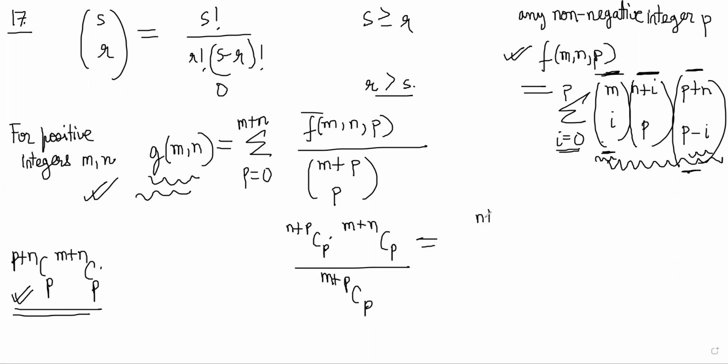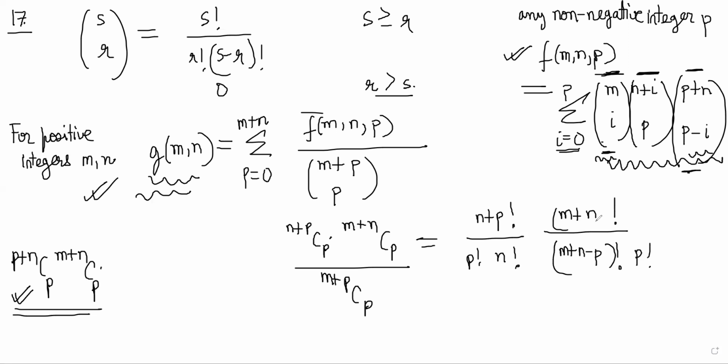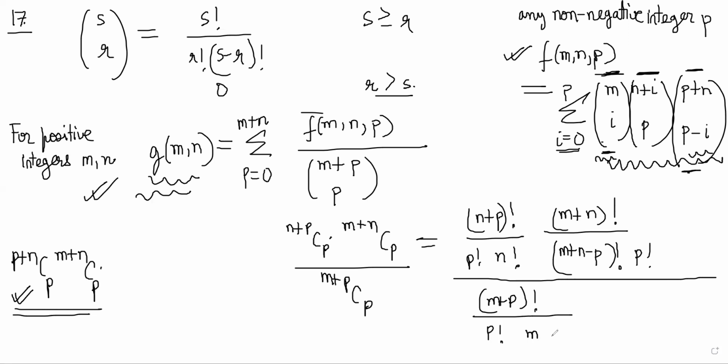So (n+p) factorial by p factorial n factorial, and here it is (m+n) factorial by (m+n-p) factorial and p factorial, divided by (m+p) factorial by p factorial m factorial, right? One of the p factorials gets cancelled.